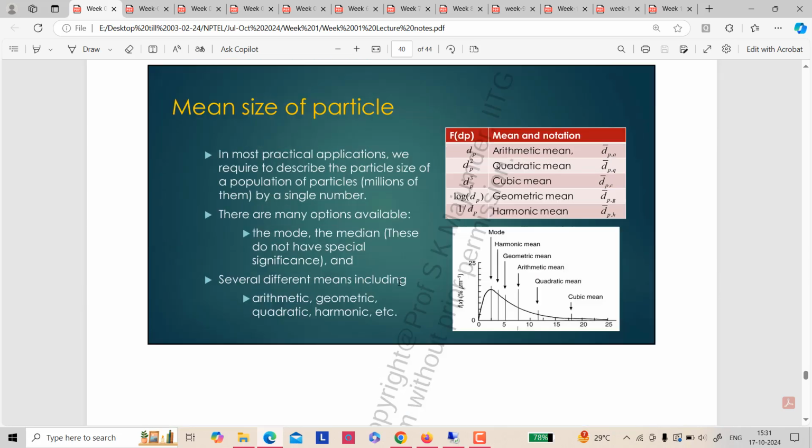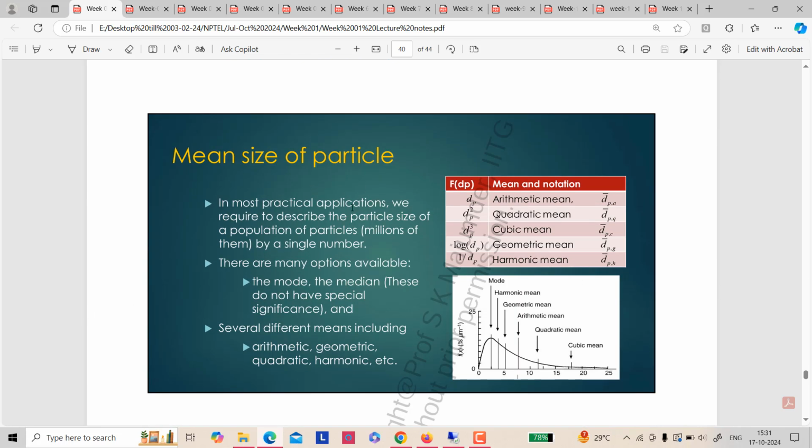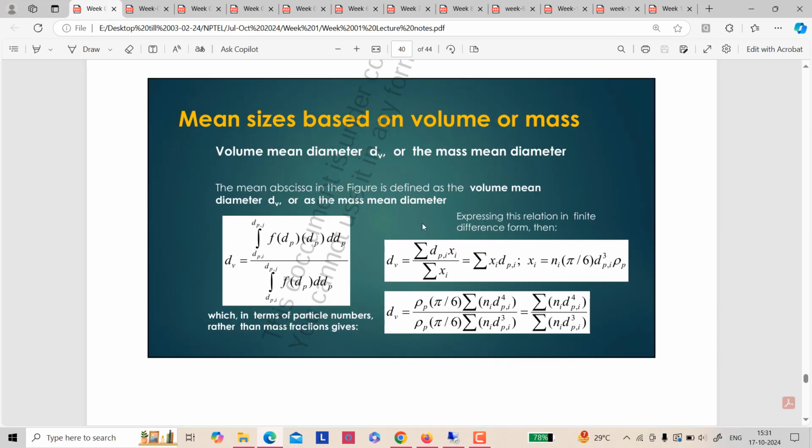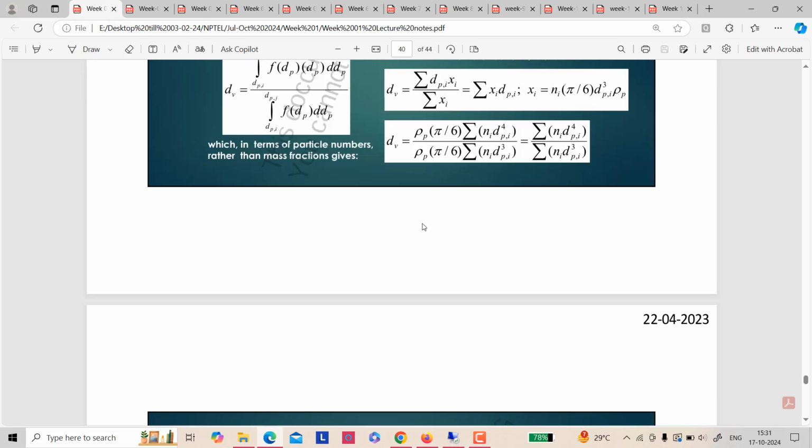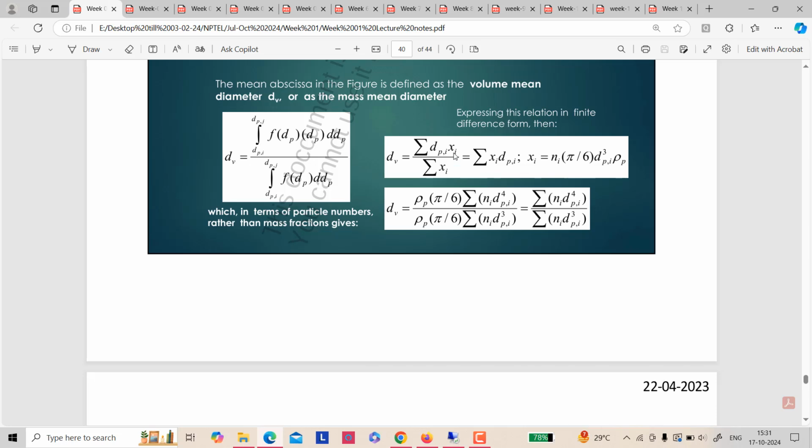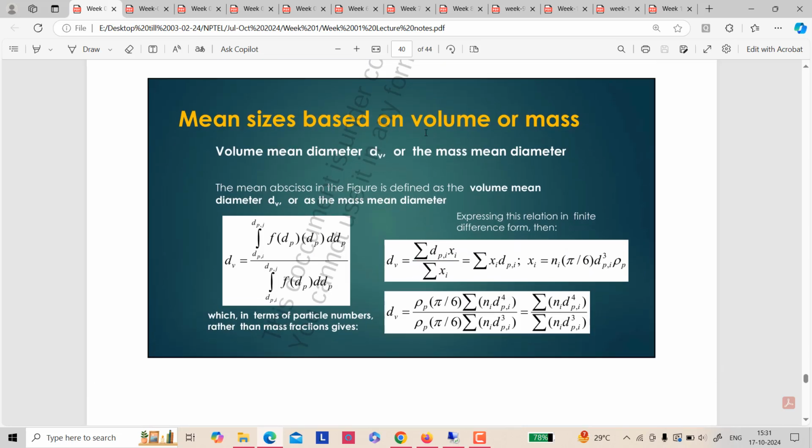Now comes the mean diameter. There are different types of mean diameter: the arithmetic mean, quadratic mean, cubic mean, geometric mean, and harmonic mean, which are applied in different cases. They calculate the mean size based on the volume, so the mass mean diameter is this one.